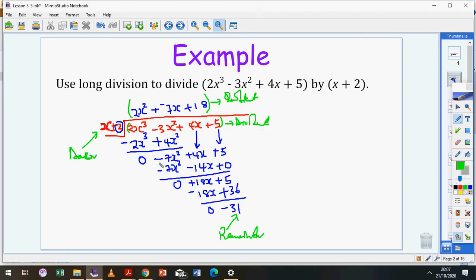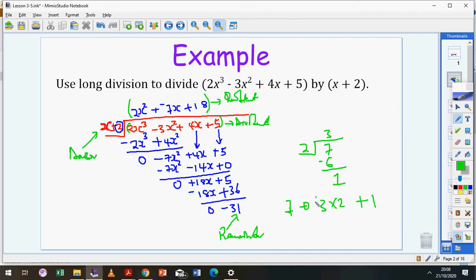So just a reminder, remember when we did 7 divided by 2, we got 3, remainder 1, right? So 7 can be written as 3 times 2 plus 1, which is the remainder.